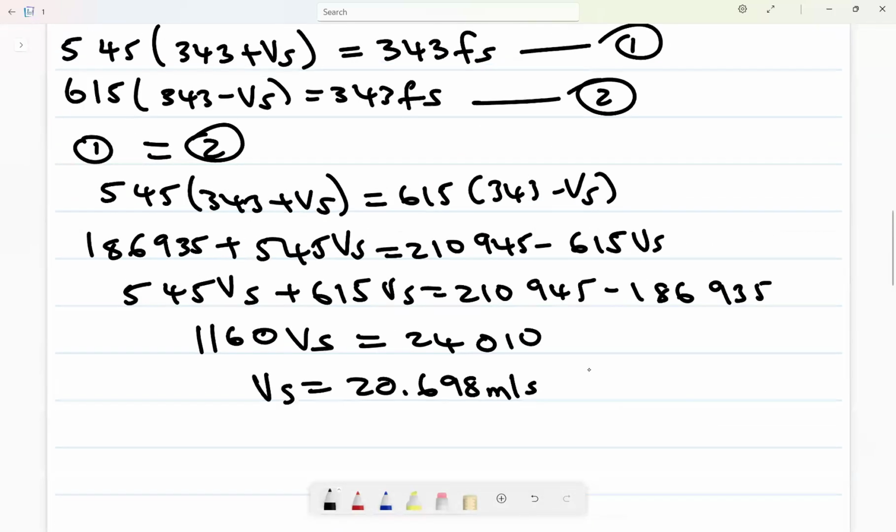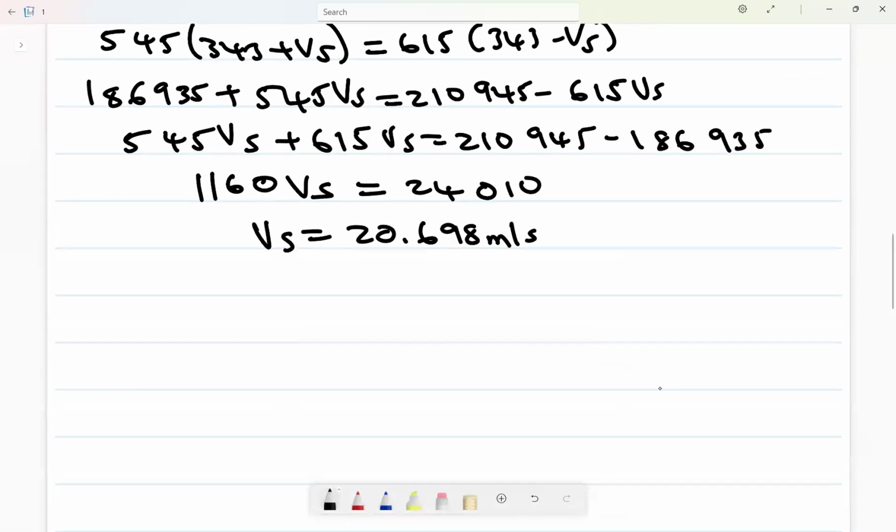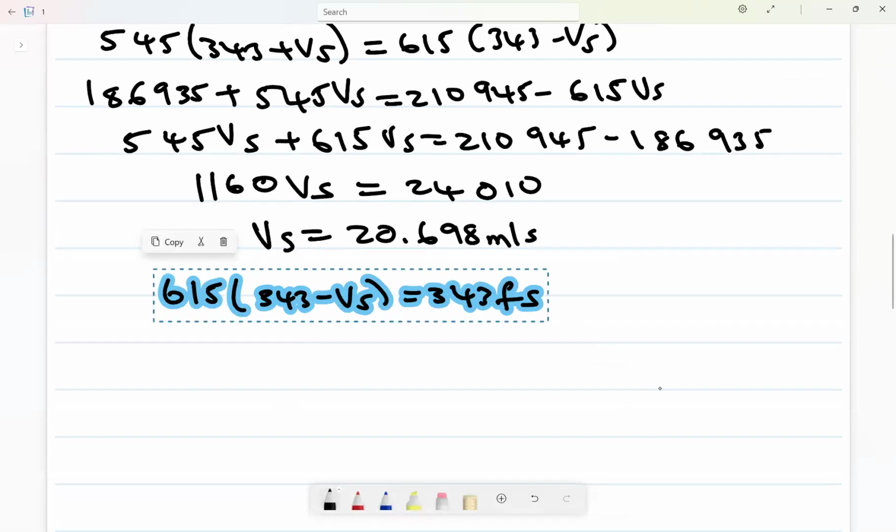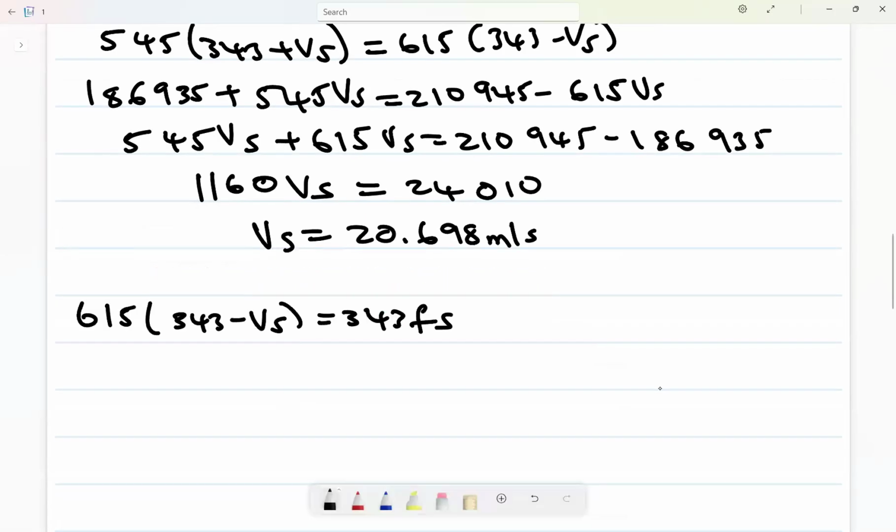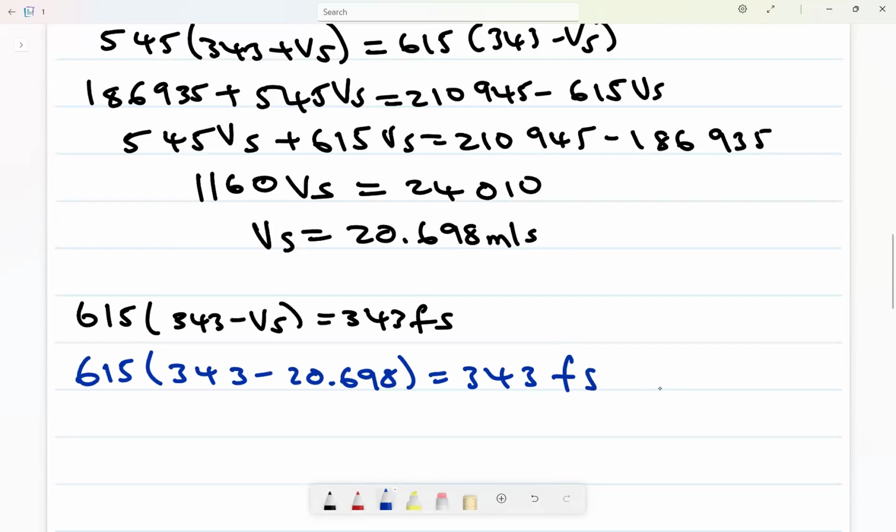So if I take any of these, I can substitute in this one and say it is 615, 343 minus 20.698, over 343 Fs. So divide by 343 Fs, the frequency of the sound.